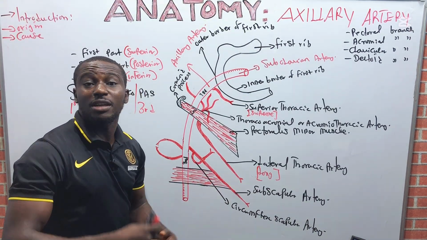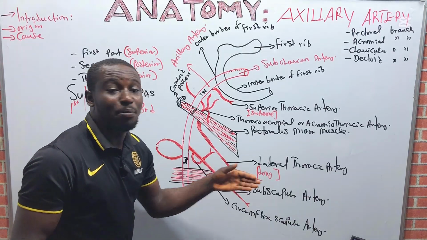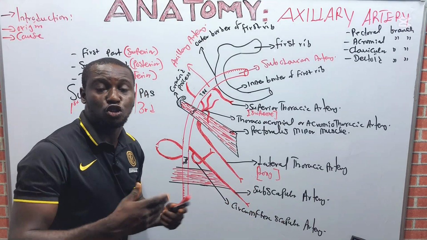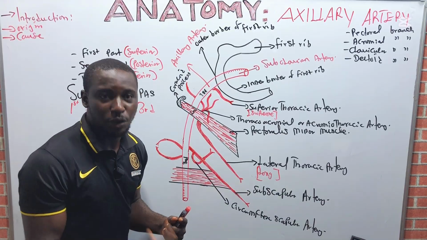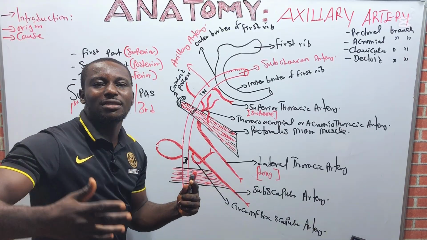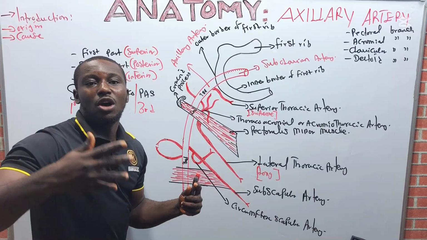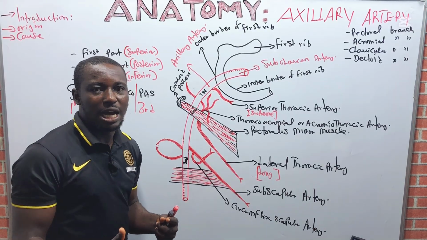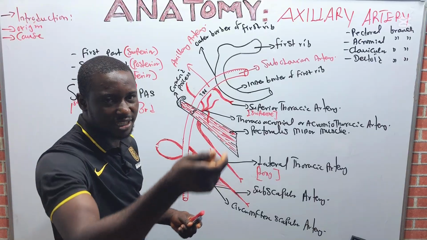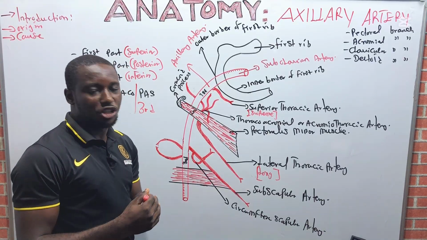So once it is given off, the circumflex scapular artery passes through the upper triangular intermuscular space and goes around the lateral border of the scapula, where it enters the infraspinous fossa of the scapula, thereby giving off small branches that supply those regions, right?